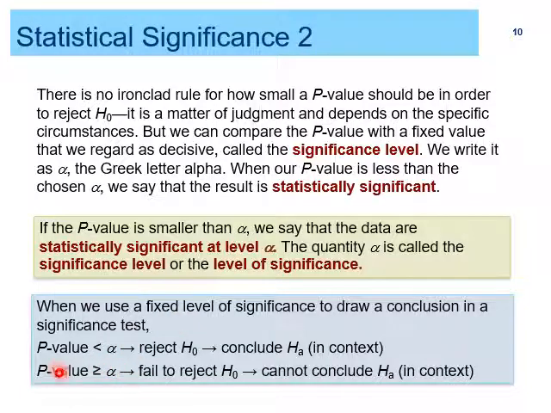But if it's the opposite, that is, if you get something like 0.6 or 0.3, then we will say that it is greater than or equal to alpha and fail to reject the null hypothesis, and cannot conclude the alternate hypothesis.